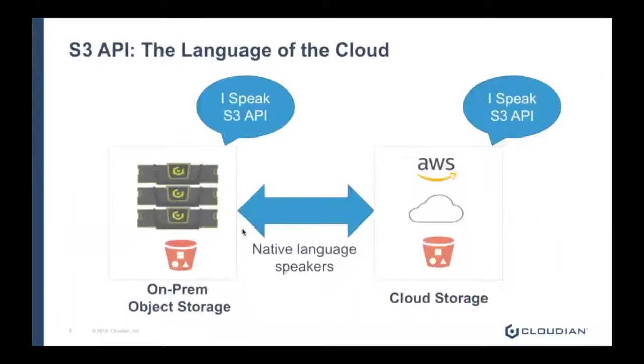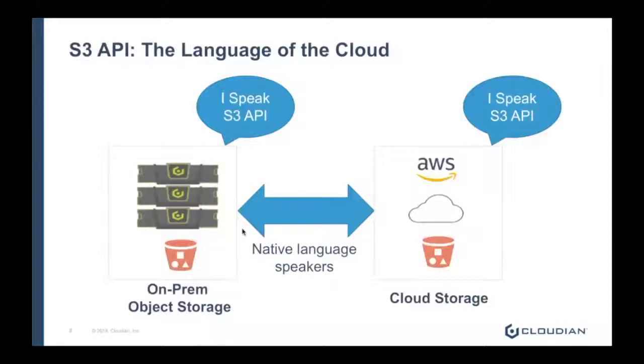So, that's where the world of on-prem object storage really came from. Why do you need this thing that Cloudian does and others do in the marketplace of object storage that runs in the data center? The reason this exists is it is a common storage type with the cloud.